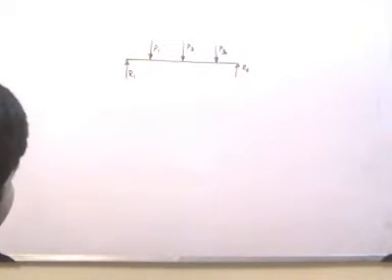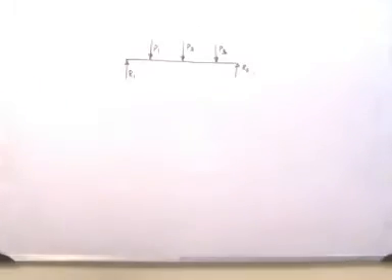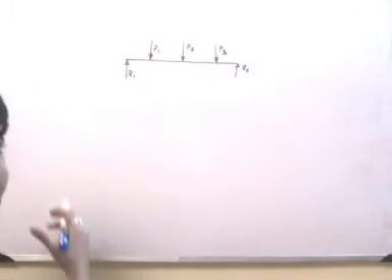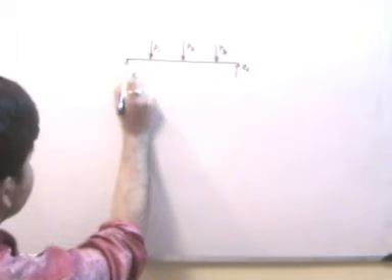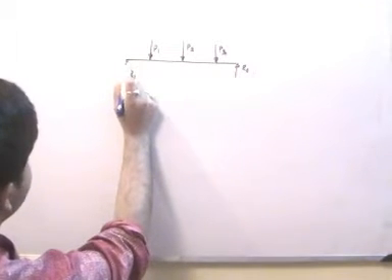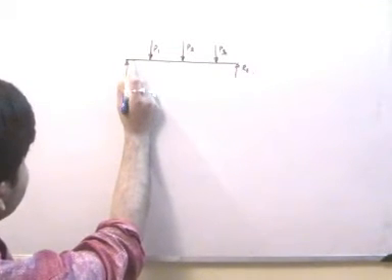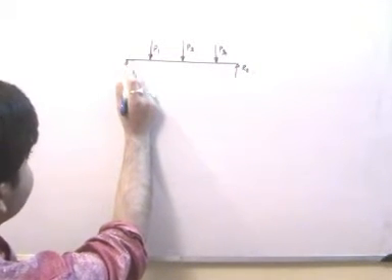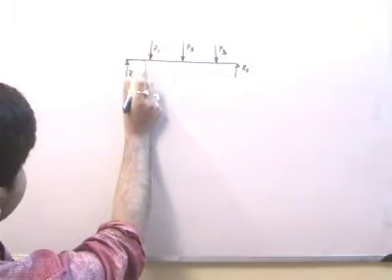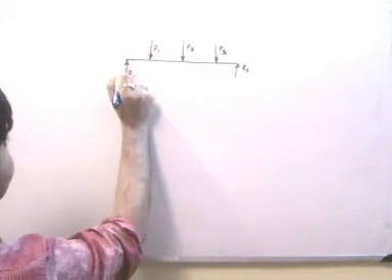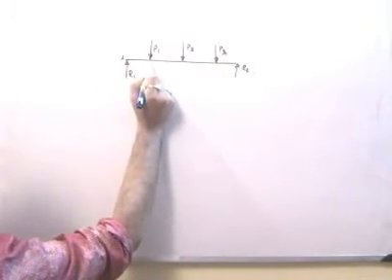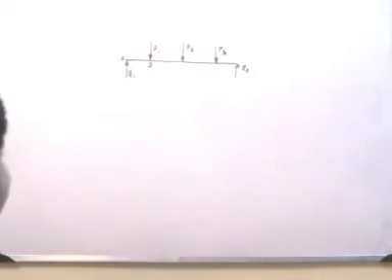only one equation. Here we check whether there is any change of some kind. This point doesn't have any transverse concentrated load, and this region also doesn't have any. So between A and B there are no transverse concentrated loads acting.